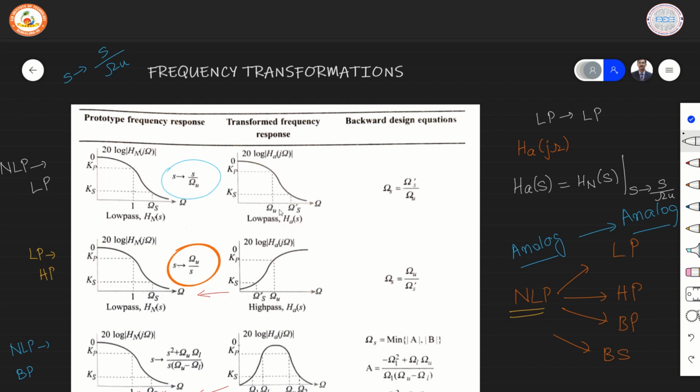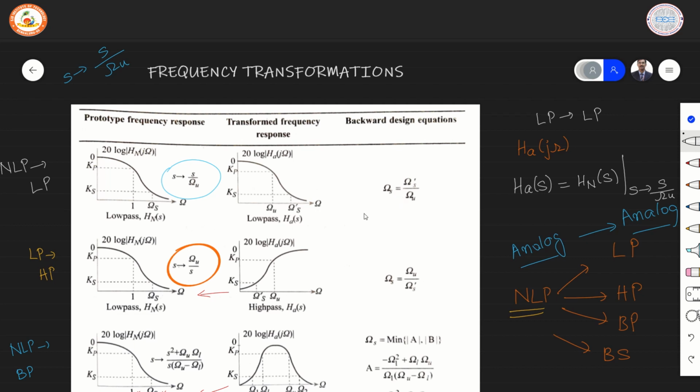Now we observe from the diagram that the passband edge frequency has now changed from 1 to omega u. At the same time, omega s will also be changed and is indicated by a new frequency called omega s dash. Backward design equations are also given for your reference.